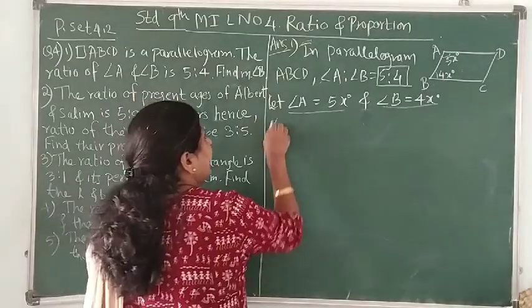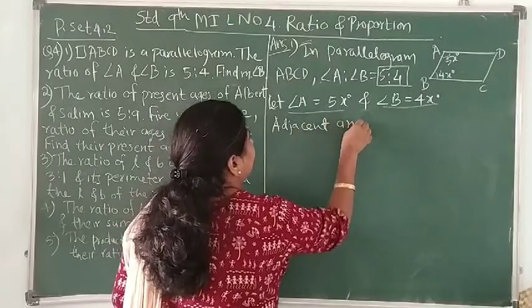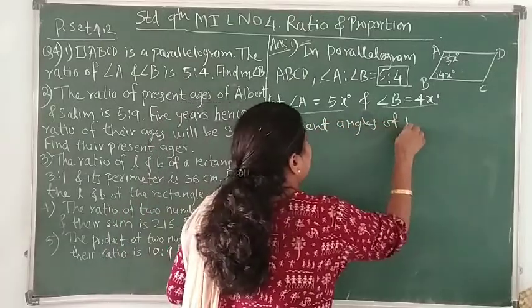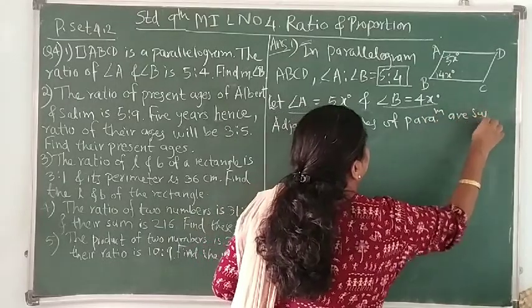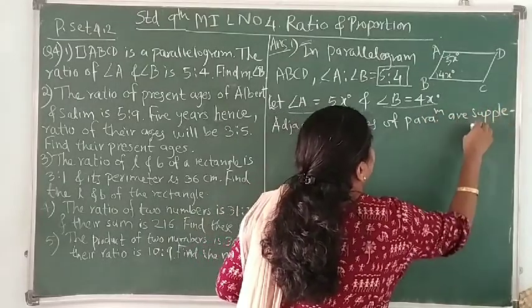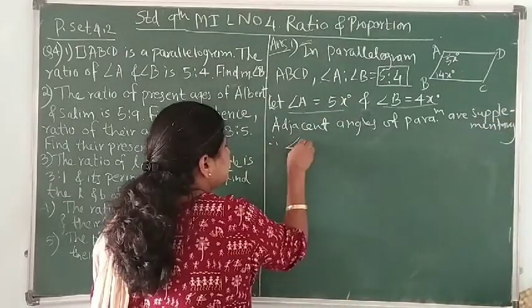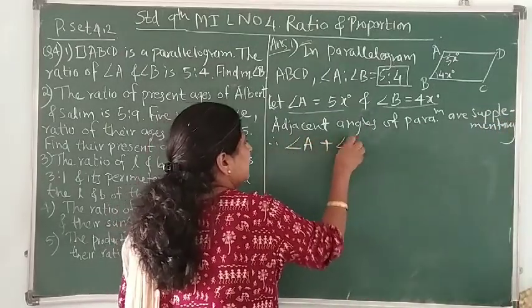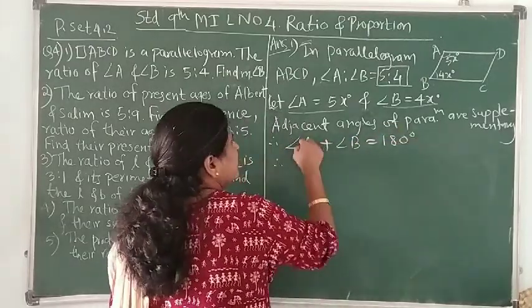So we can write, adjacent angles of a parallelogram are supplementary. We know this and that's why we can say measure of angle A plus angle B, its sum is 180 degree. Therefore, what is measure of angle A?